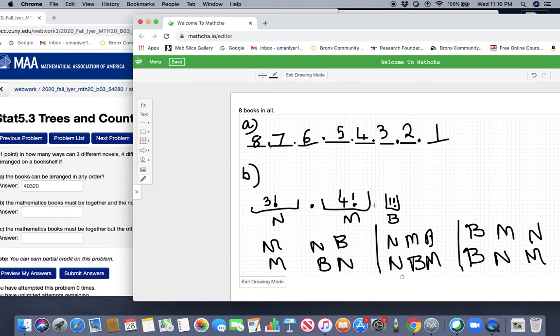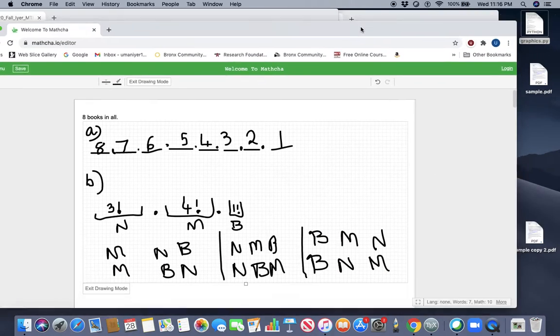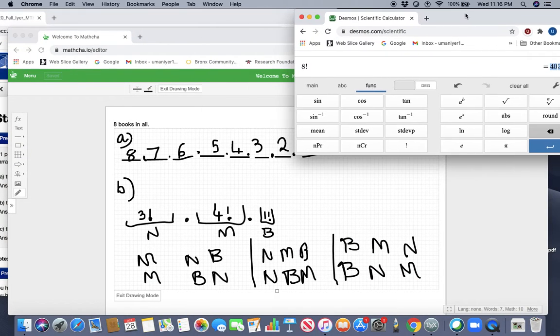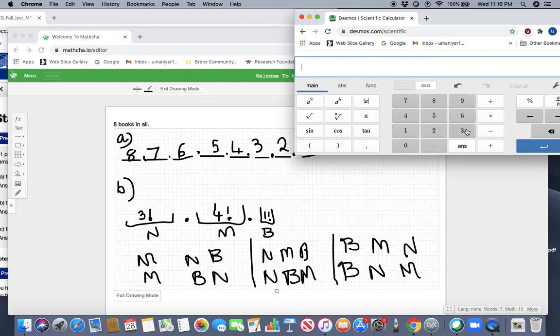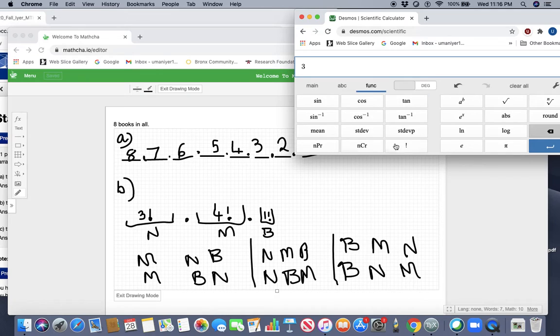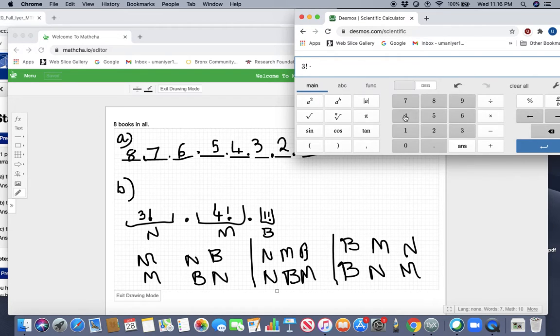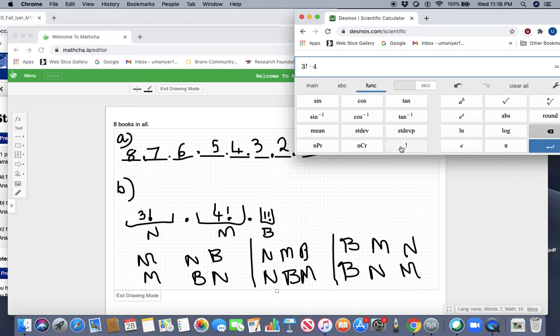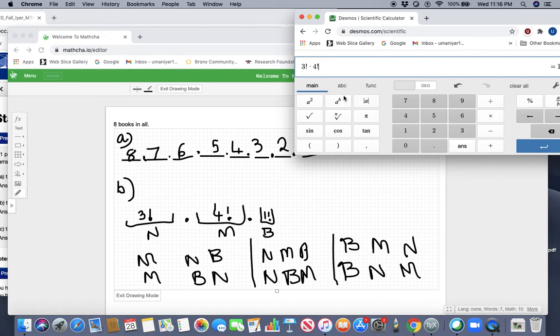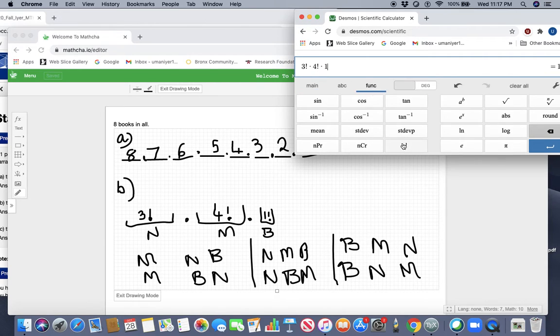3 factorial times 4 factorial times 1. So what does that mean? I'm going to have first 3 factorial times 4 factorial times 1 factorial.